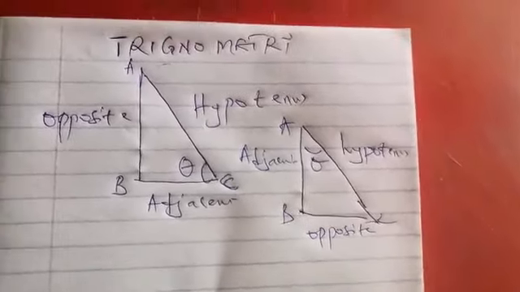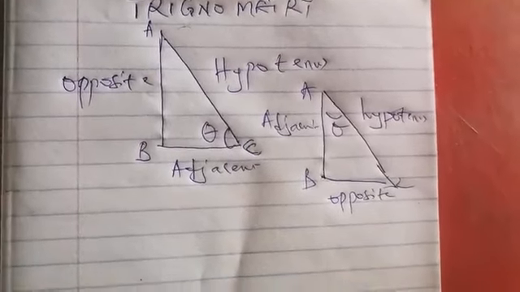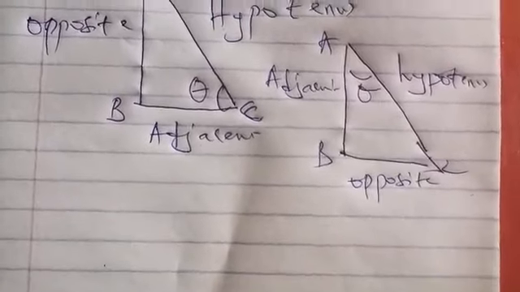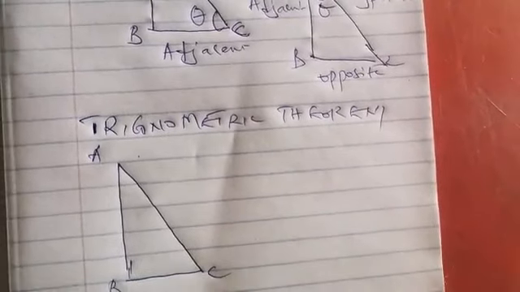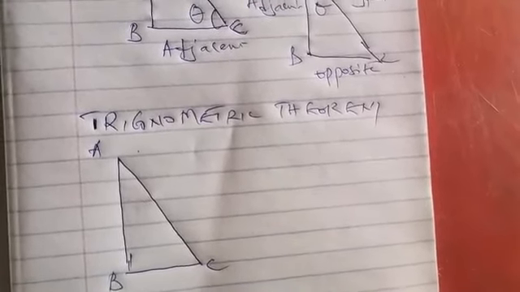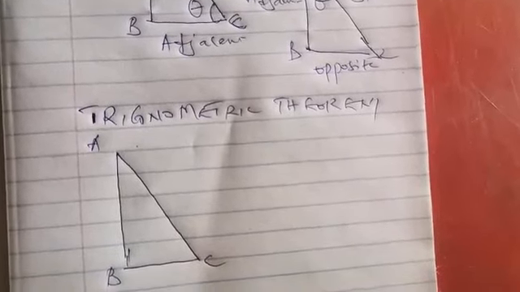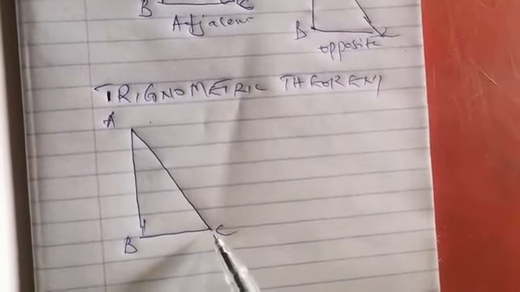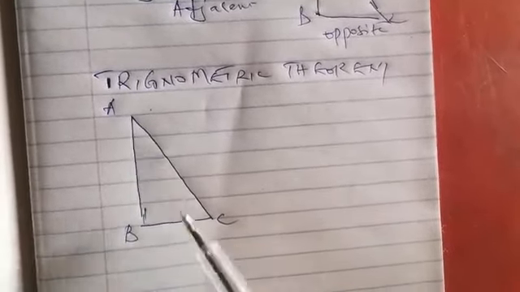Now, there are basic things we need to know in trigonometry. First of all, let's talk about the trigonometric theorem. The trigonometric theorem states that the square of the hypotenuse arm, which is AC, is equal to the sum of the square of the two adjacent sides. Now, notice that there is no angle here.